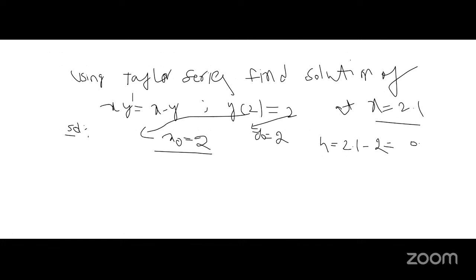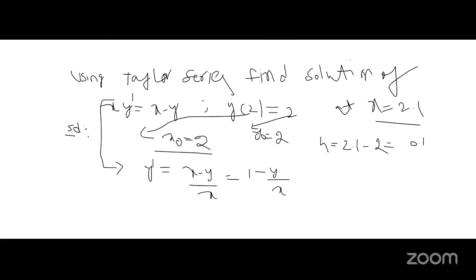First y dash. From here, y dash equal to (x minus y) by x, that becomes 1 minus y by x.